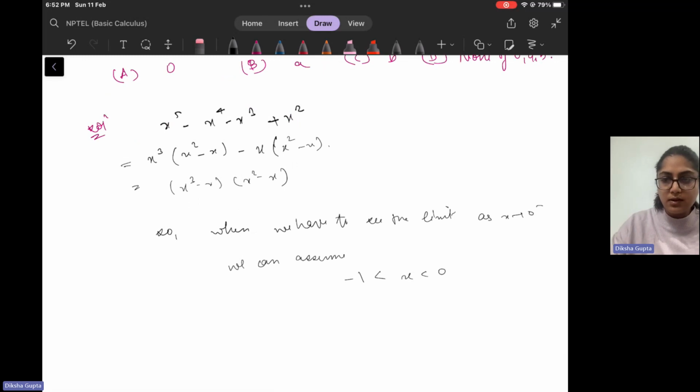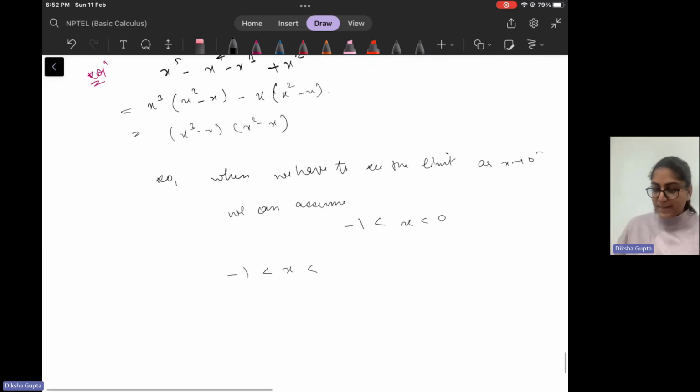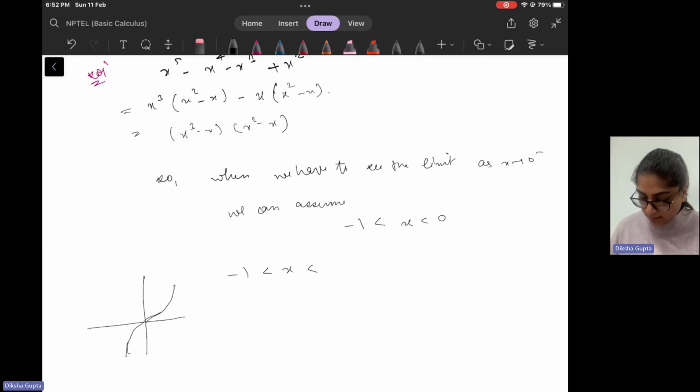So now you have to see what is the relation between x cube, x and x square and x. x cube is increasing, which means whenever the argument is increasing, the value of the function is also increasing.